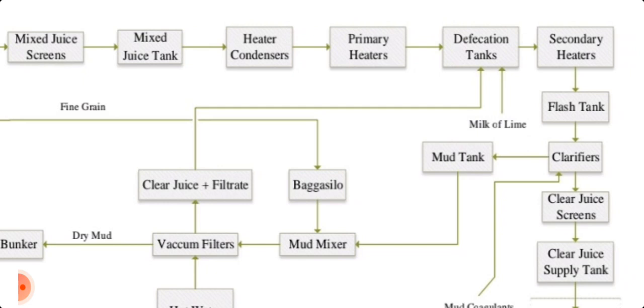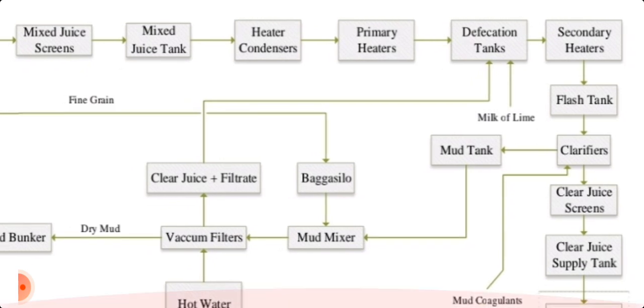Here, from the downward arrow, mud coagulant is added. It is polymer 2125, the name of the coagulant used in the SRI clarifier, and it will settle the mud. Chemical engineers and chemists may know about sedimentation, the process taking place in the clarifiers. So the mud is settled down.